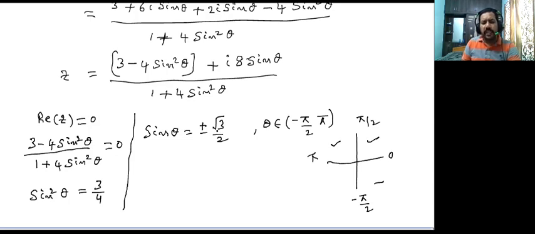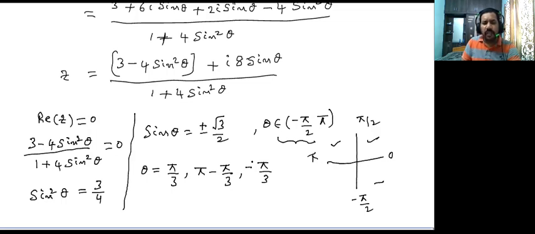Root 3 by 2 means sine 60 degrees or not. If you take it in first quadrant, theta is equal to pi by 3. In second quadrant, pi minus pi by 3. This is second quadrant. Then fourth quadrant, by observing this interval, I will write minus pi by 3.